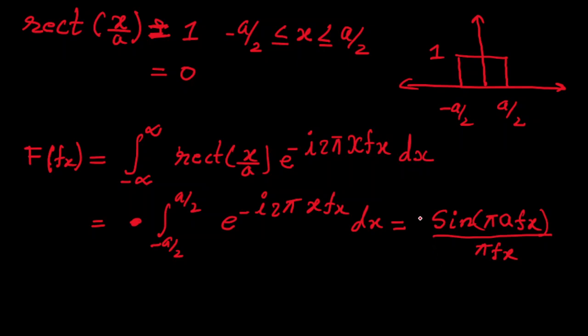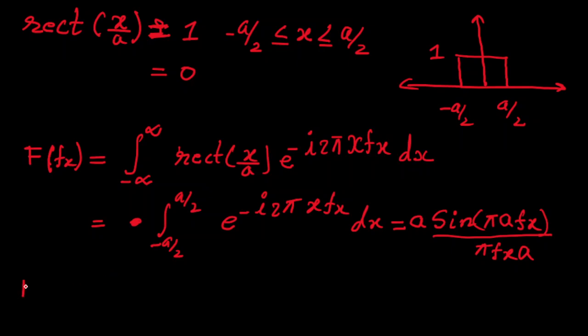And then if we multiply the denominator and numerator by a, what will we get? a sine of pi a fx divided by pi a fx. So if we write this pi a fx as some other variable, let's say beta, then what will we get?